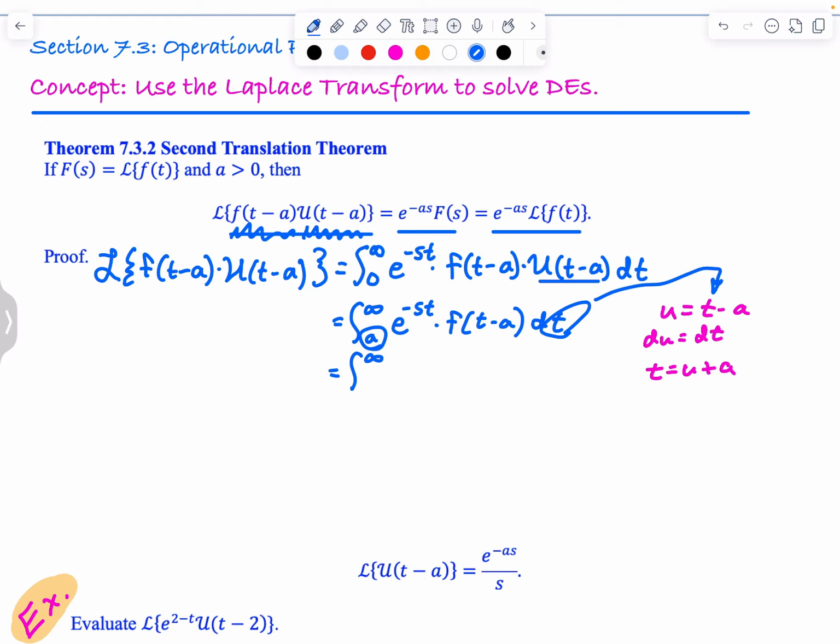So a minus a would be 0. I turned t into u, so I get a 0. And then I'm also going to do e to the negative s, and we're going to replace t with u plus a, times f of u, and then dt is just du.